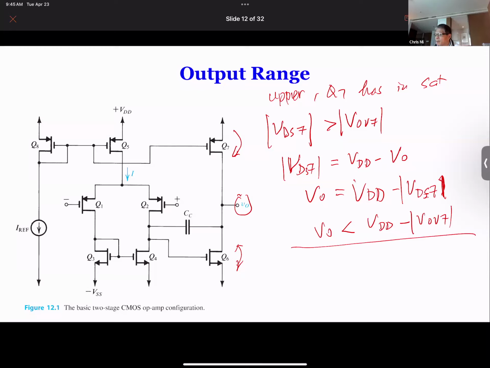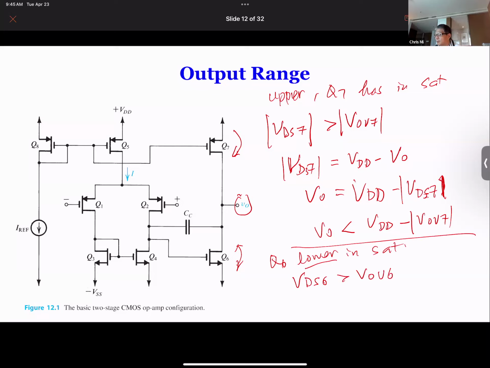And for lower bound, Q6 has to be in saturation. Q6 is NMOS, so we can say that VDS6 has to be larger than VOV6.